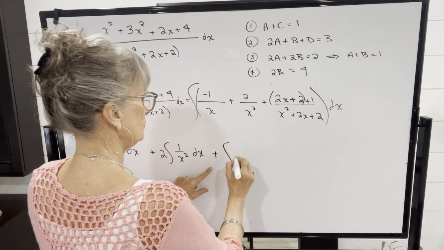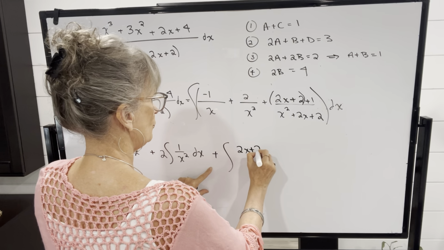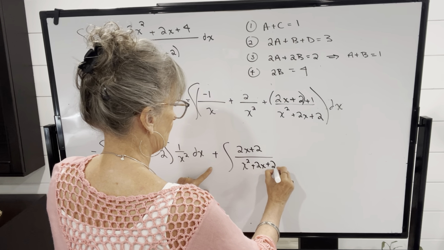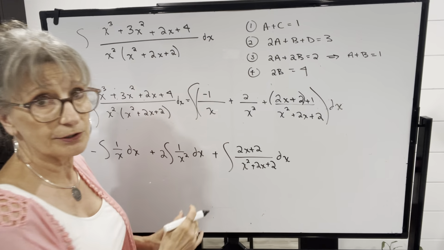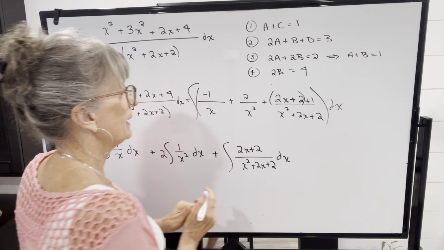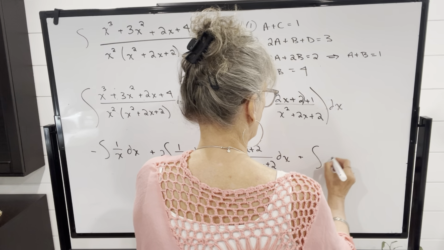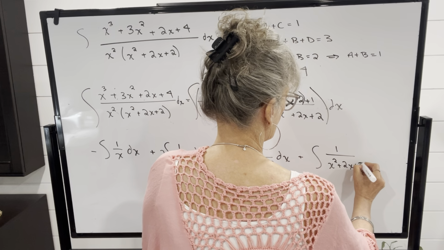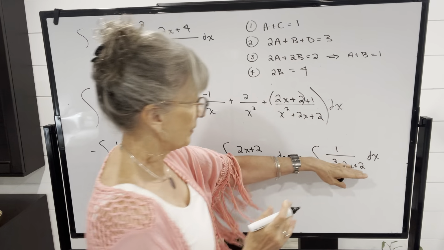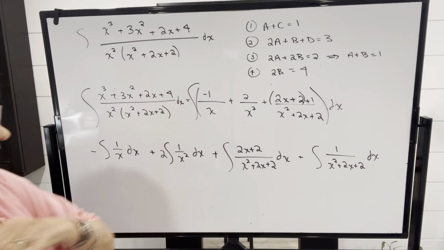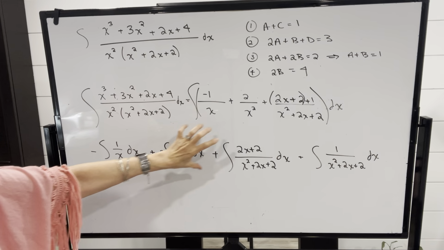So I'll have the integral of 2x plus 2 over x squared plus 2x plus 2. And that's going to be something I can integrate because I know this happens to be part of my du, the derivative of the denominator. And then I'm left with the integral of 1 over x squared plus 2x plus 2 dx. I'm going to have to do some manipulation on that as well before I can integrate it. But right now, these 3 terms can be integrated.